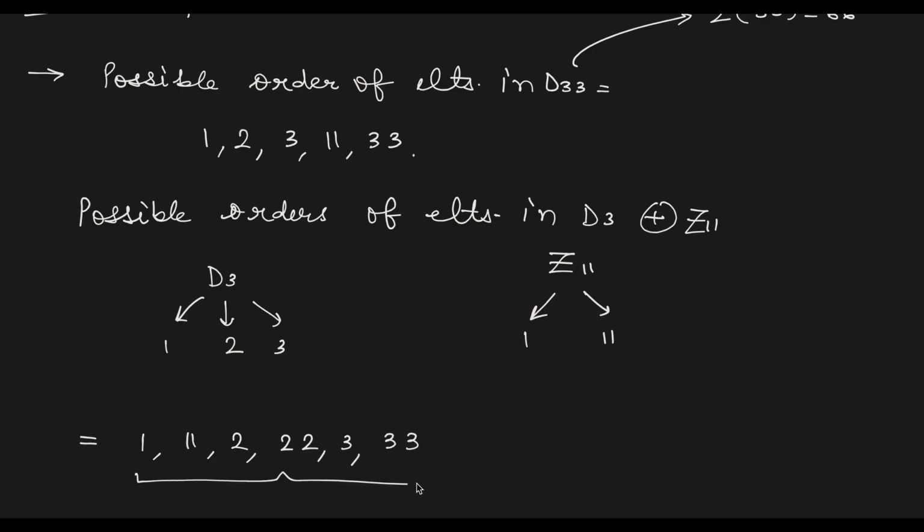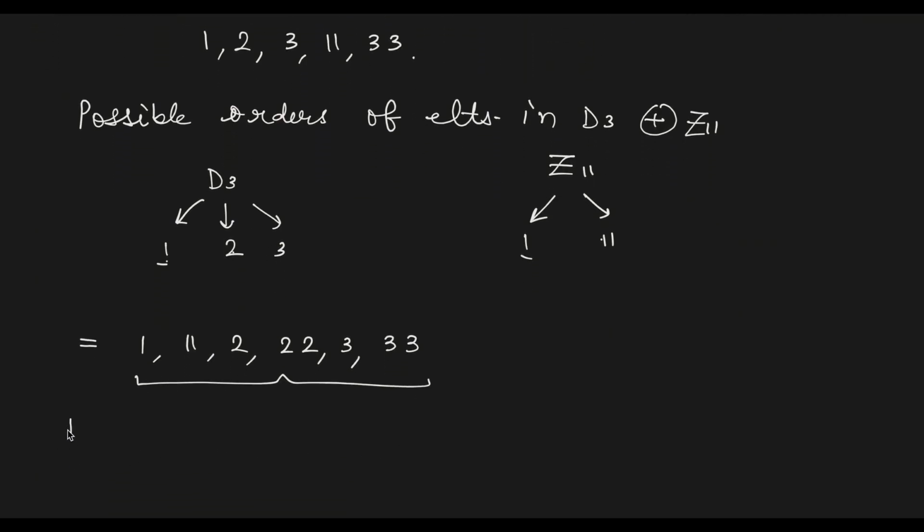How have I written this? Is this clear? Simply LCM of 1 and 1, then LCM of 1 and 11, LCM of 2 and 1, LCM of 2 and 11, LCM of 3 and 1, LCM of 3 and 11.